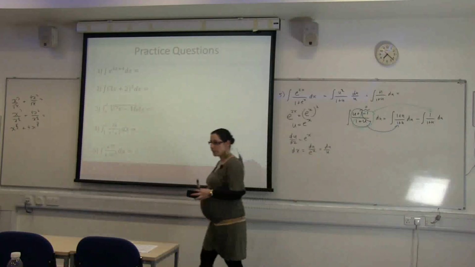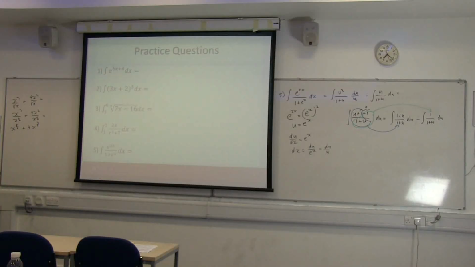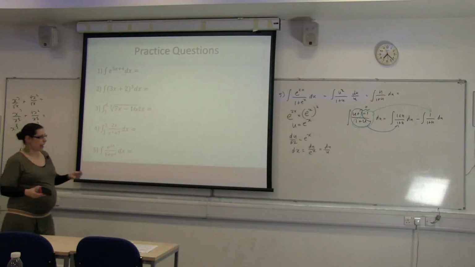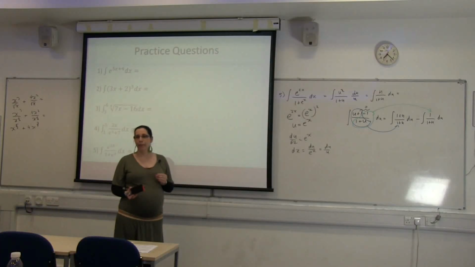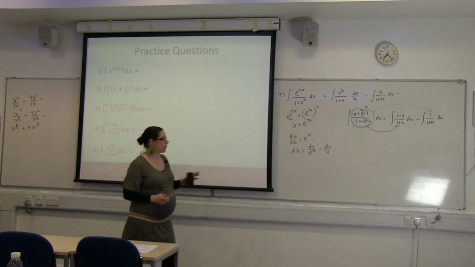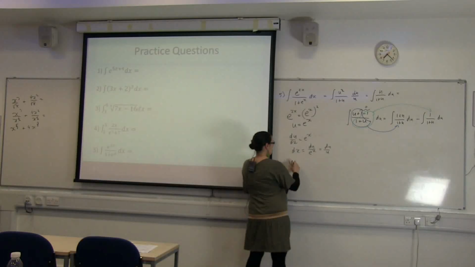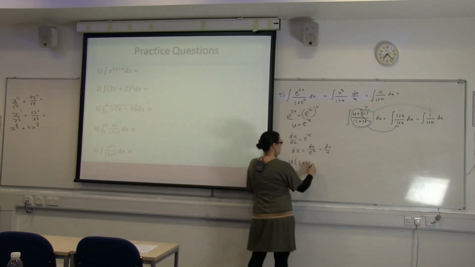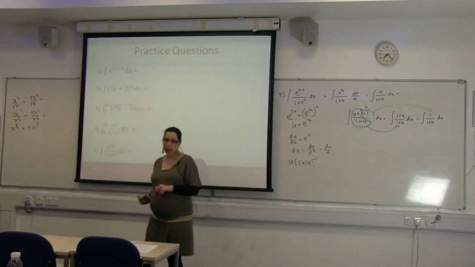So if you don't do that, would you just bring that up and expand the bracket? How do you expand something to the -1 power? Because if you were to rewrite that, it would be u times 1 plus u to the -1. How do you expand that bracket?